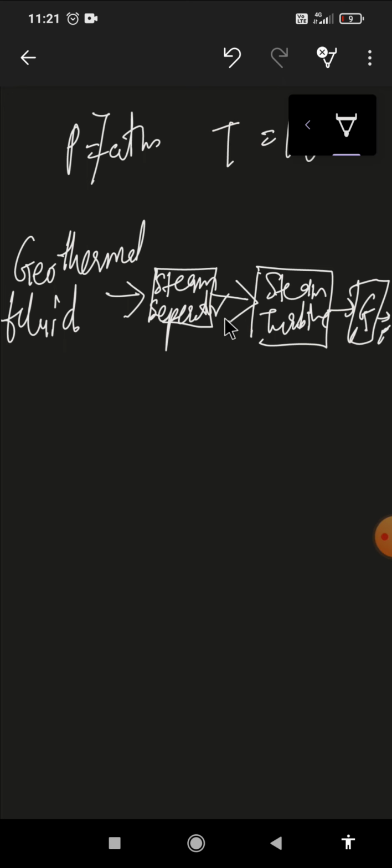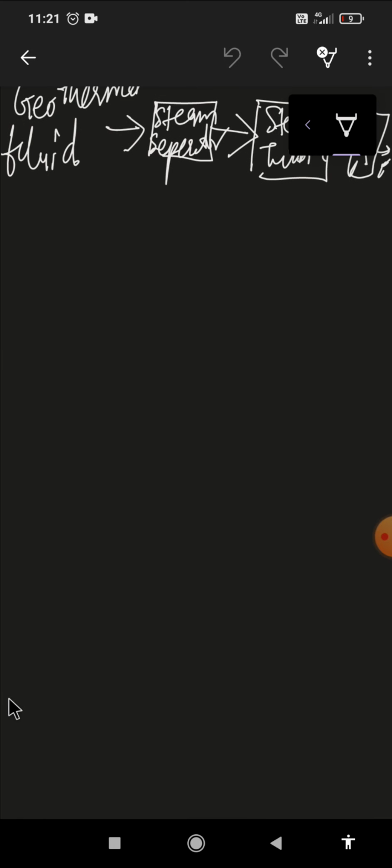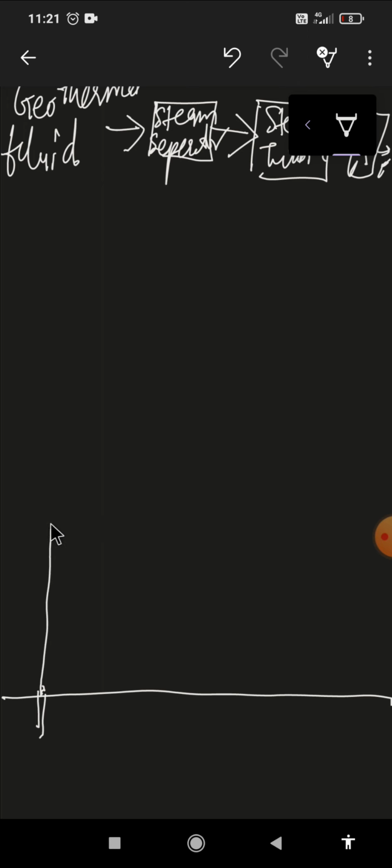Now let's draw the various components which will incorporate this flow. Suppose this is the geothermal field, and this is the production well, where we are getting the steam. This is the geothermal fluid.